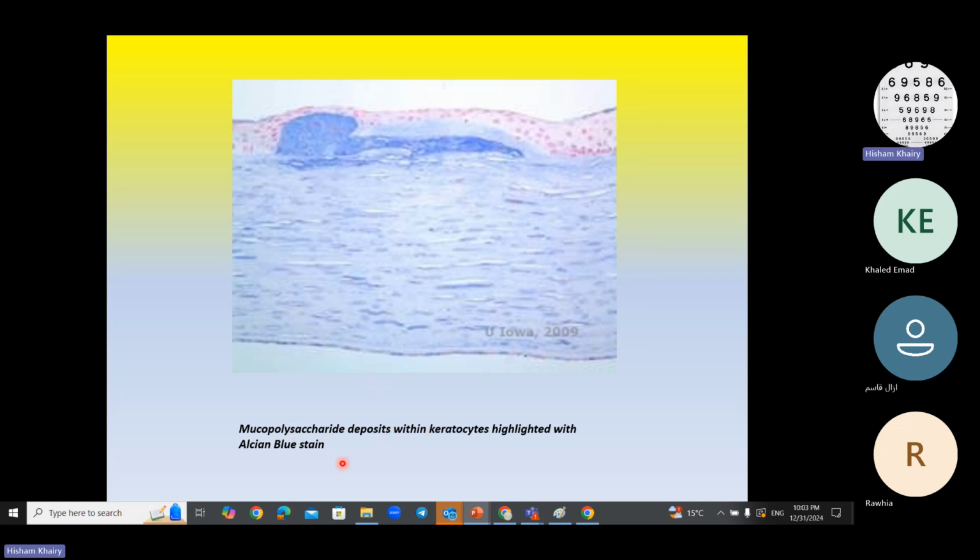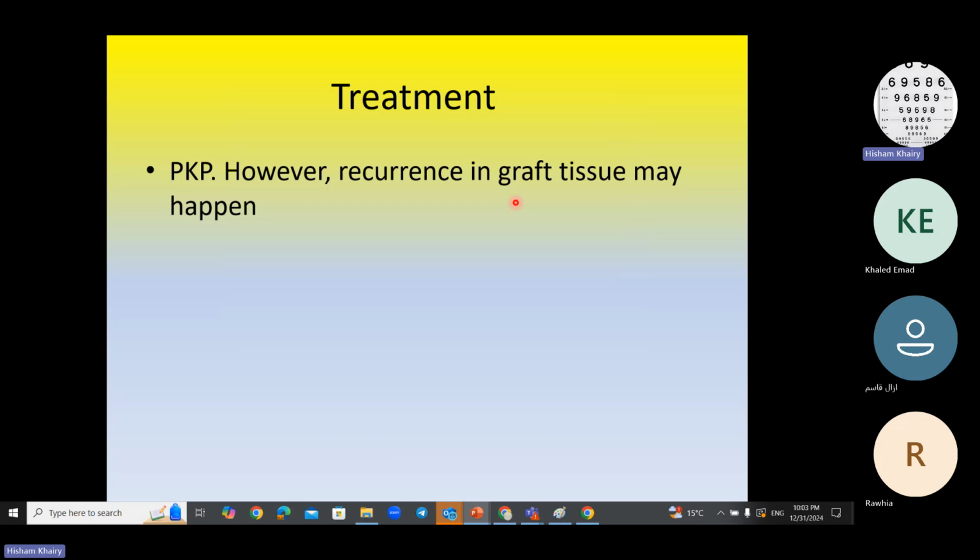With Alcian blue stain, you can identify mucopolysaccharide deposits within keratocytes highlighted with Alcian blue stain. Treatment: penetrating keratoplasty. However, recurrence may happen.